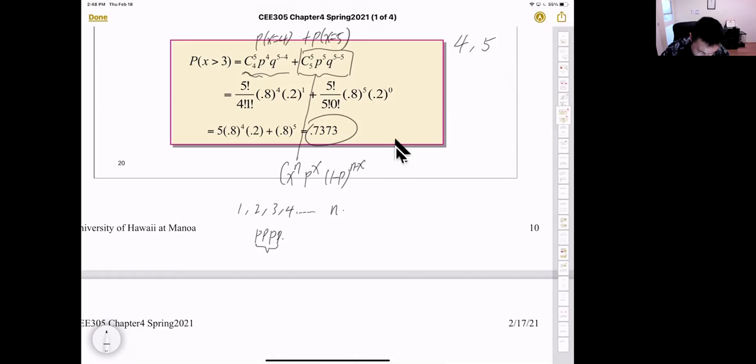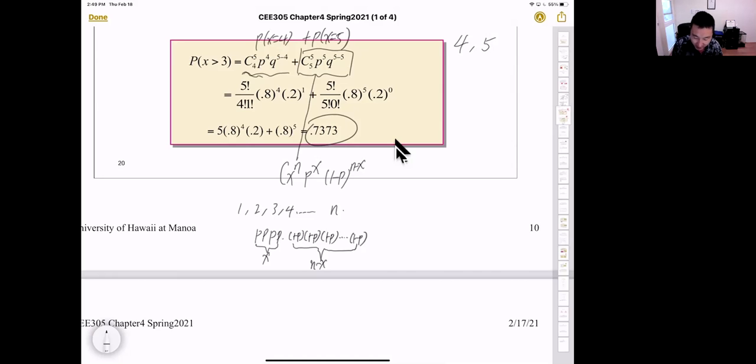X of them are P, success. And then the remaining will be non-success. So the total non-success is n minus X. So we can think of this as a counting method.